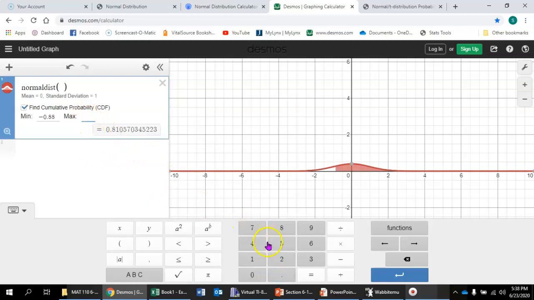And for max, I'm going to put in the number positive 1.10. And then the number that shows up in the little box here is 0.6749. That is the answer that we were looking for. And it actually shaded in that part of the graph between where z is negative 0.88 and where it's positive 1.10.